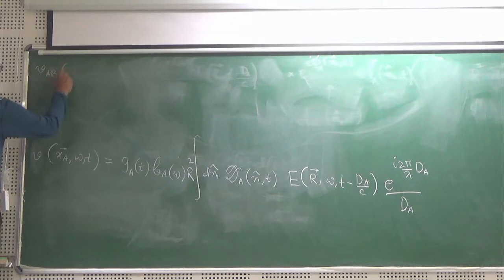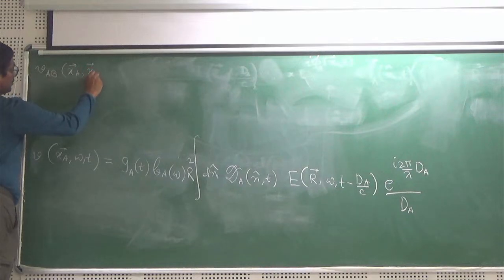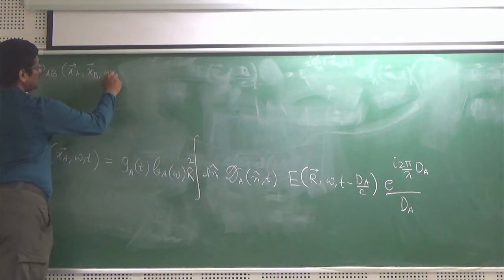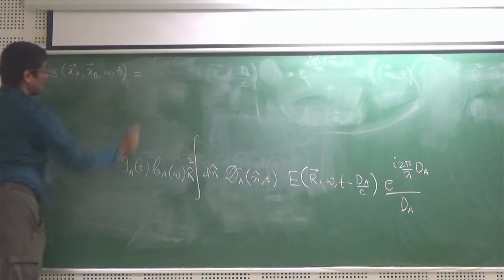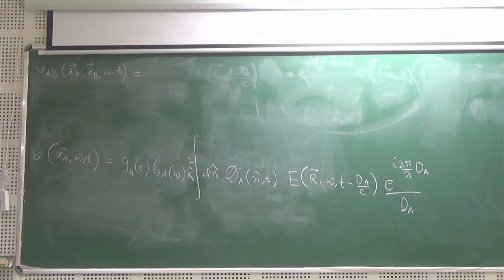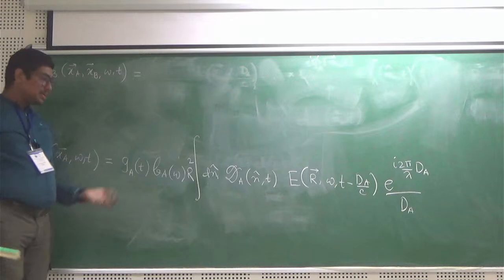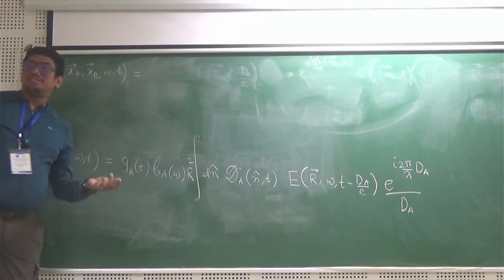So it is the voltage recorded from antenna A, voltage recorded from antenna B, omega t. Now I'm skipping one step here. So when I say correlate, what again do I do? How do I correlate?